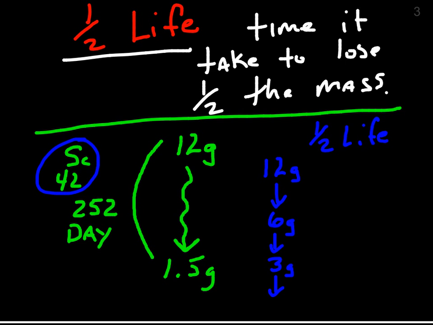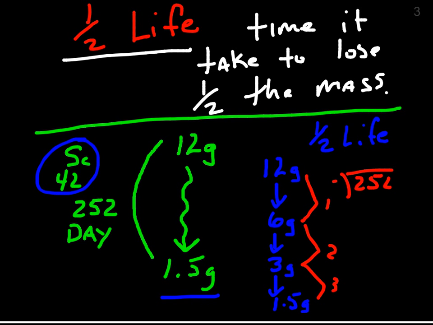Finally, I'm going to go to the 1.5 grams that I'm trying to get to. Well, in terms of number of half-lives, I have 1, 2, 3 half-lives. All right? It was 252 days. Divide that by 3, 84. The half-life is 84 days.